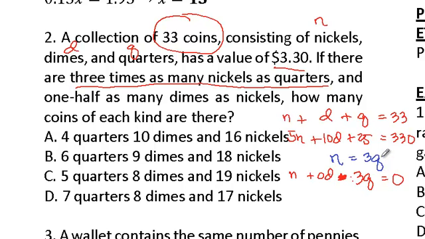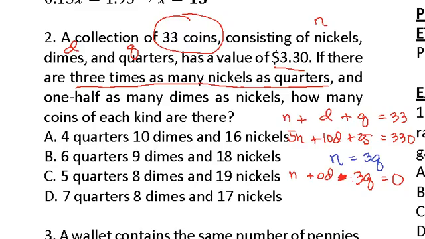The second equation: the coins have a value of $3.30, and that means it's 330 cents. If there are n nickels, then the value of that will be 5 times n, because again, a nickel is 5 cents.